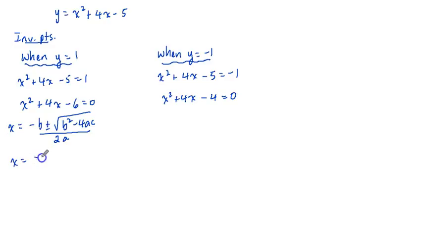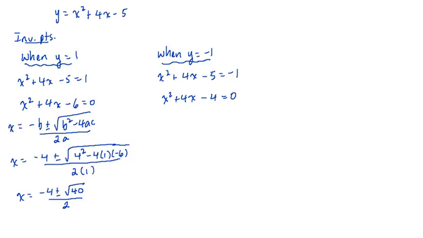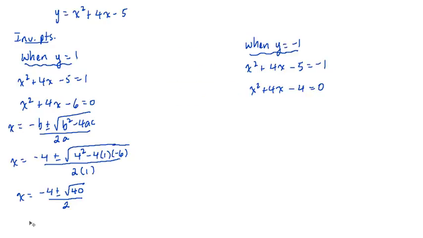So I've got x equals negative 4 plus or minus the square root of 4 squared, minus 4 times 1 times negative 6, all over 2 times 1. That gives us negative 4 plus or minus root 40 over 2. Using our skills with radicals from Chapter 5, expressing root 40 as a mixed radical, we've got x equals negative 4 plus or minus 2 root 10, all over 2.